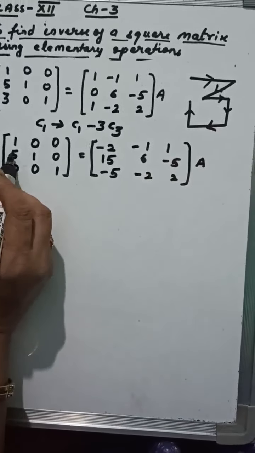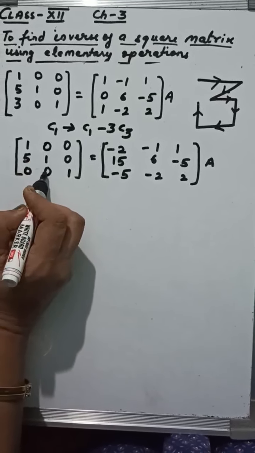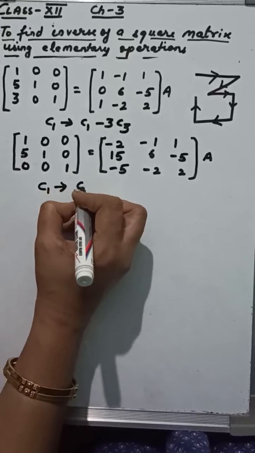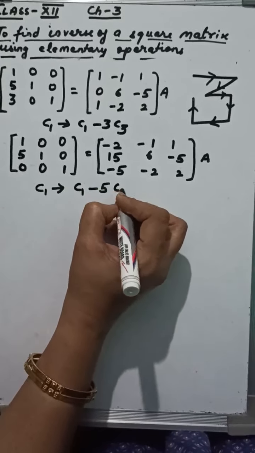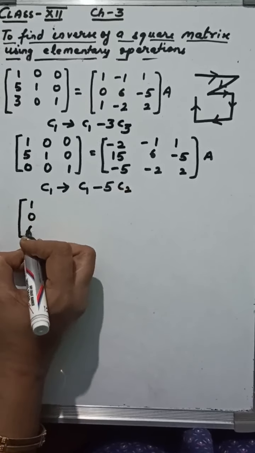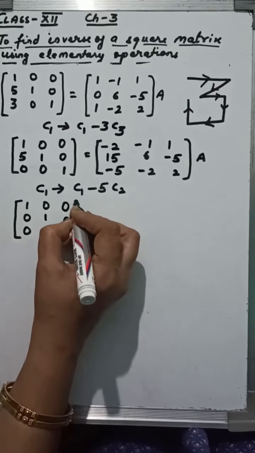Now the last step is we want to make this entry 0. So multiply the second column by 5 and subtract from the first column. To apply in C1 minus 5 times C2. So 1, 0, 0, 0, 1, 0, third column as it is.